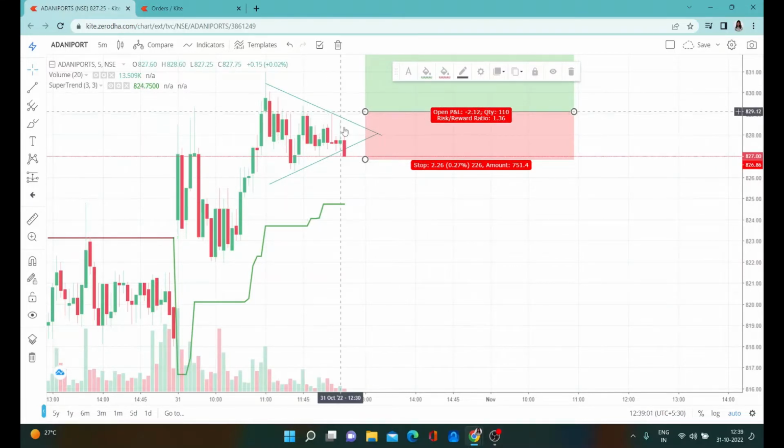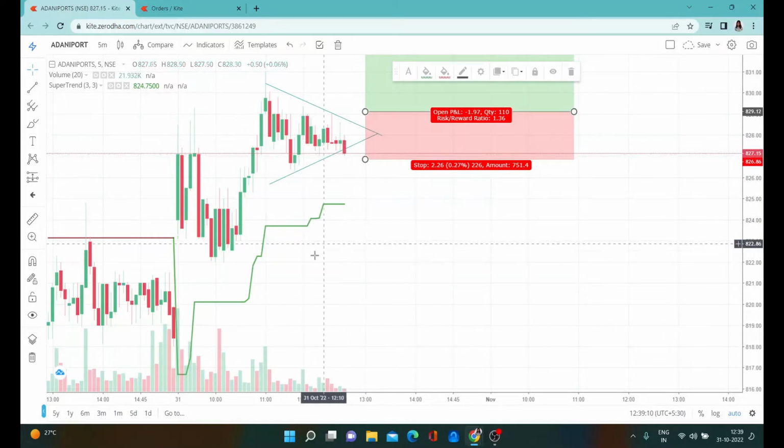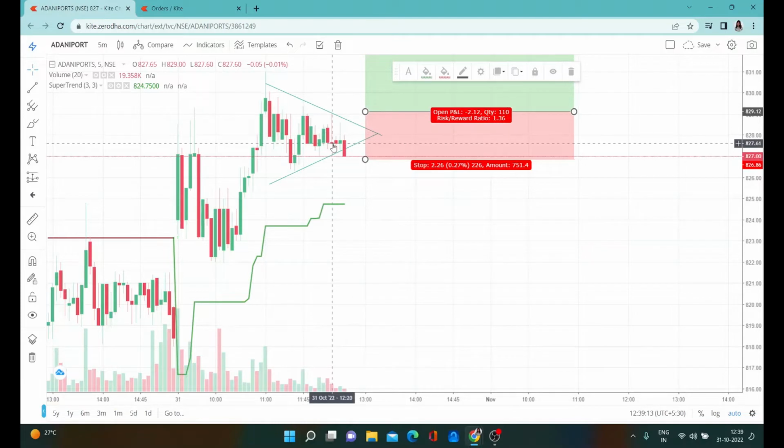the triangle pattern. As you can see, it is attempting to break it downwards, but it is not confirmed yet. Don't jump into the trade as of now. Let the candle finish, because if you notice, this particular candle was a bullish green candle initially when it formed. Once it reached this position, 828.95, there's a heavy sell pressure and it turned into a hammer.